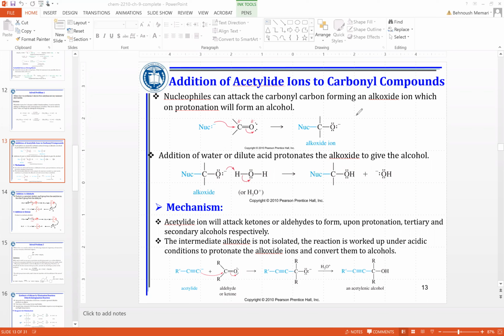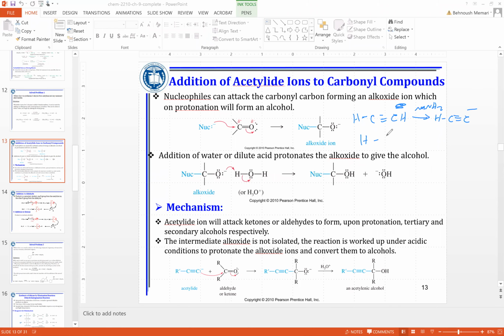So if you have acetylide ion, that is the carbon-carbon triple bond with the negative charge after you remove the hydrogen. If we take a step back, we have the acetylene. We add sodium amide as a strong base, which removes the hydrogen from the acetylene. Then we have acetylide ion.